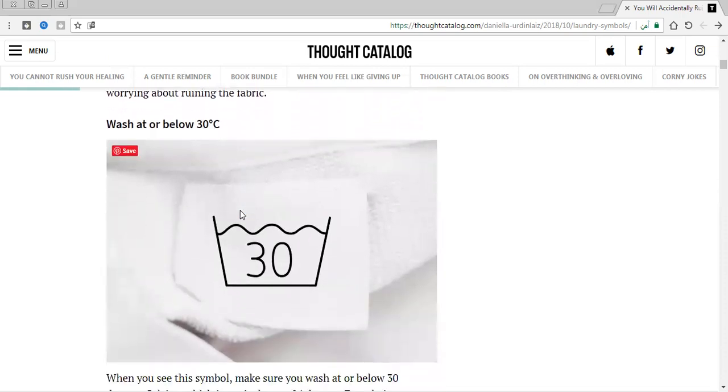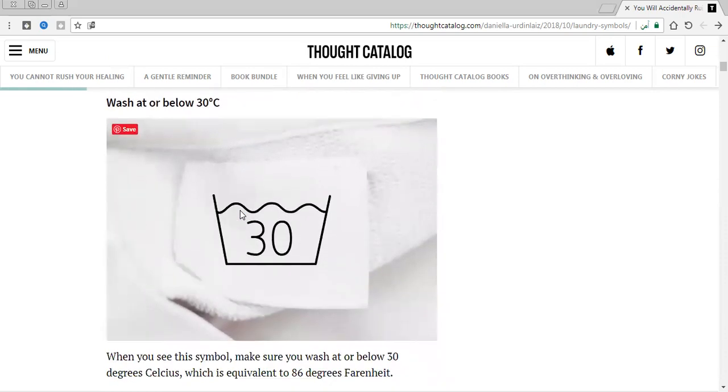Now, the same symbol, if we write inside it any number, for example 30, it means that we can wash at 30 degrees or less.